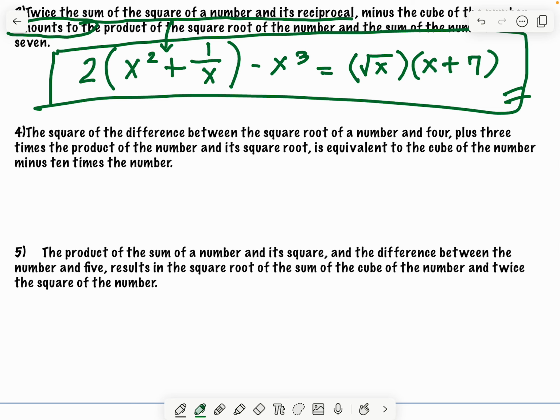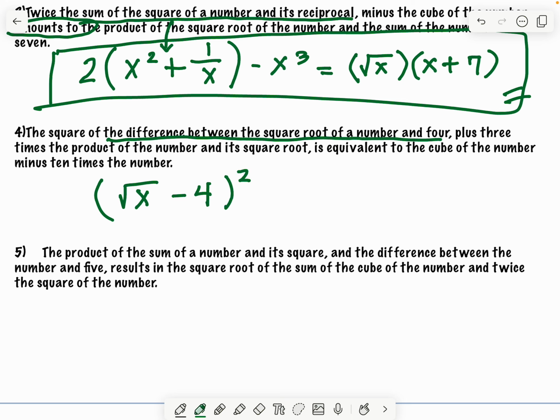Next, the square of the difference between the square root of a number and 4. So the difference between the square root of a number and 4, and square of it.